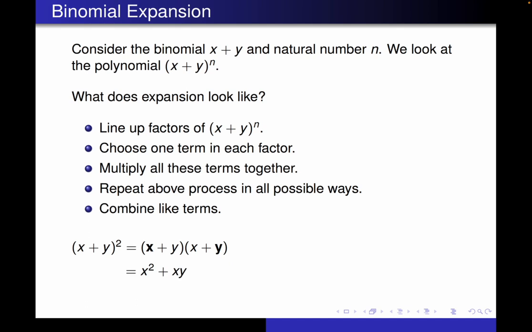You've done all the ones where you choose x in the first one. So now we choose y in the first one, and x in the second one. You get yx. And the only way you haven't chosen so far is y in both of them, where you get y squared. Then you look at those middle two terms, and they're actually the same, so you can combine those like terms. You end up with x squared plus 2xy plus y squared. That's something you probably did in your algebra class a lot.